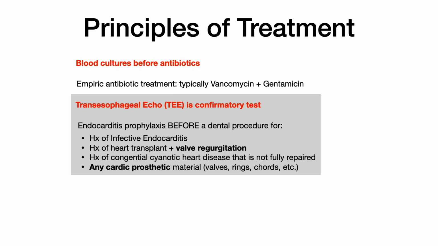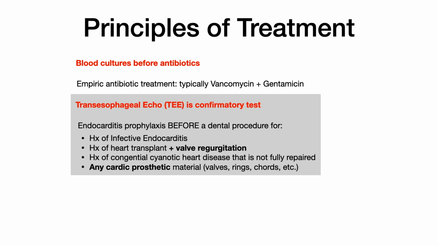It's if and only if it's heart transplant and they have any type of valve regurgitation. The next condition is any history of a congenital cyanotic heart disease that is not fully repaired. That is going to get prophylaxis. And then lastly, and it doesn't matter what kind, any cardiac prosthetic material, they get prophylaxis.